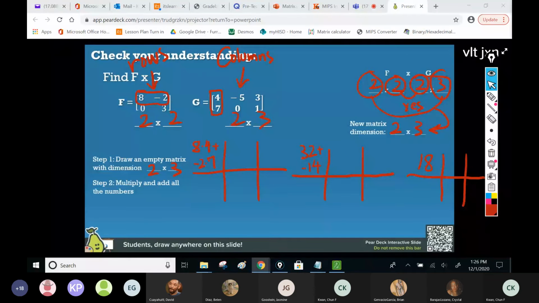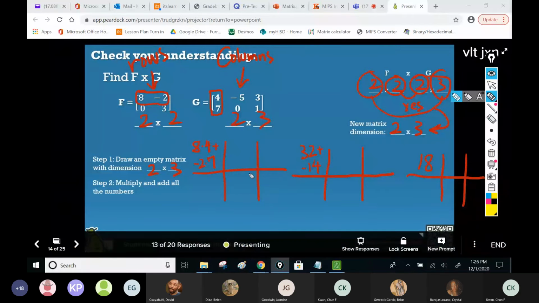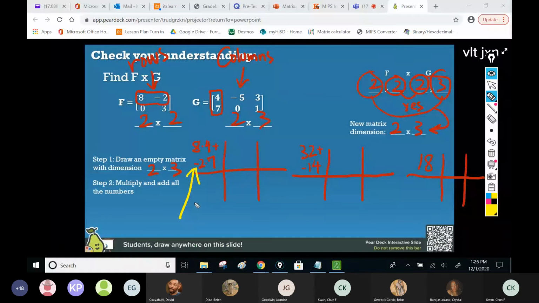I think you forgot about the negative sign in front of the 2, which messes up your number right here. So you have to be very careful.